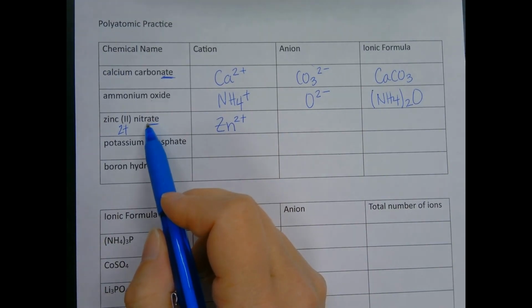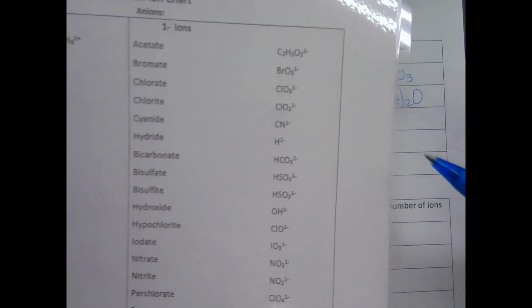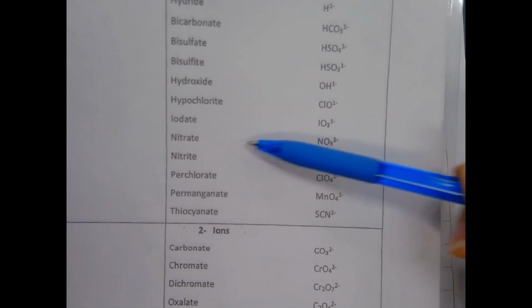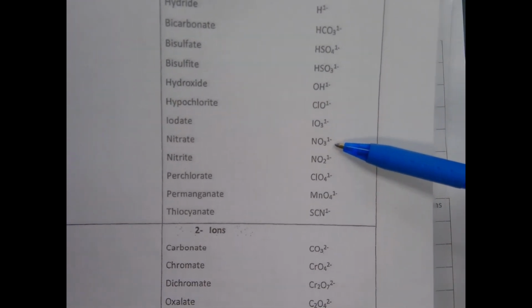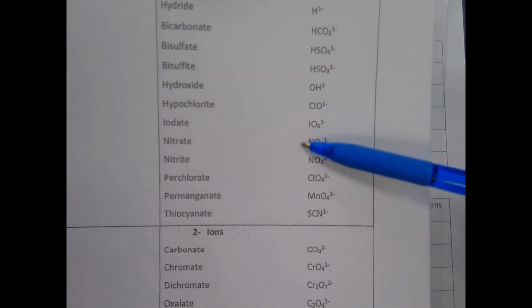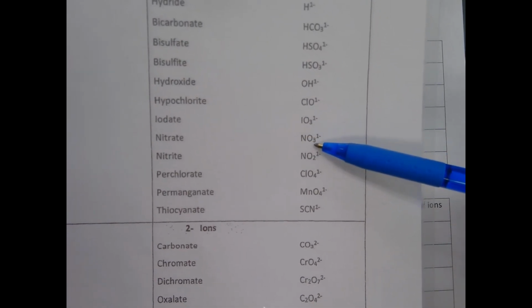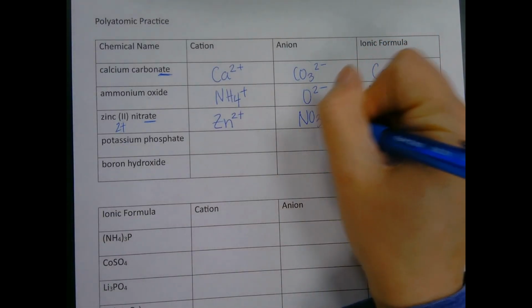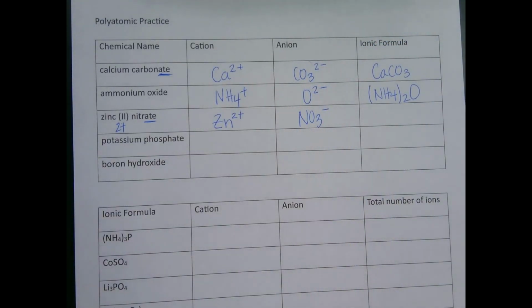The nitrate, well, I can go ahead and look at my chart and find nitrate. Here it is. Nitrate is NO3 1-. So this unit, this entire collection of atoms is forming one ion as an NO3 with a 1- charge.